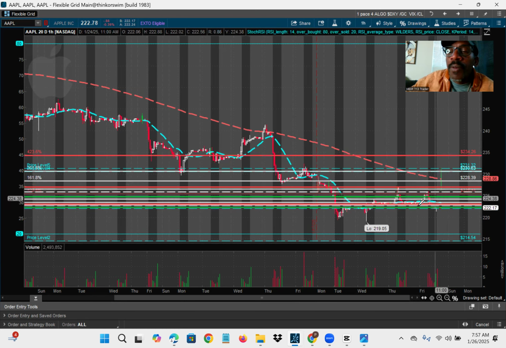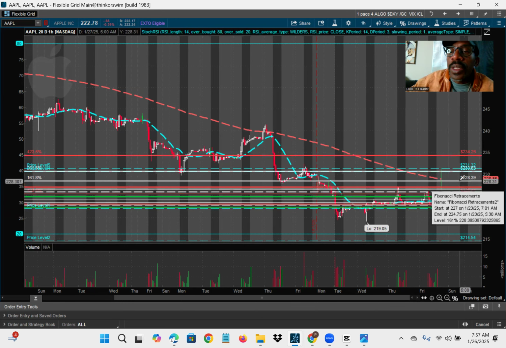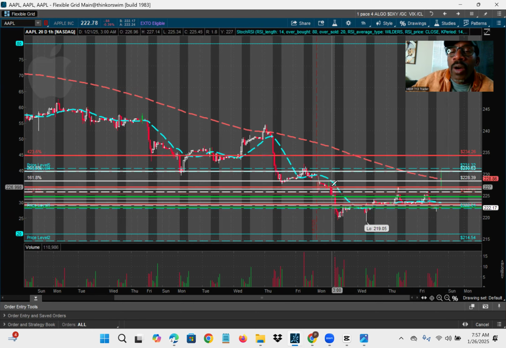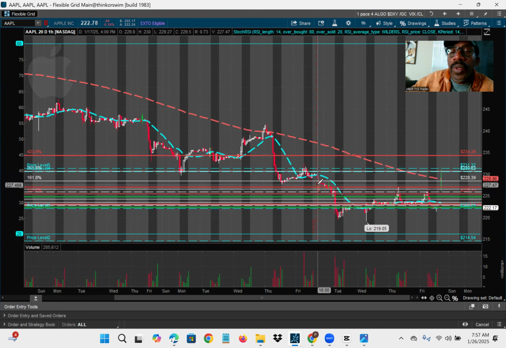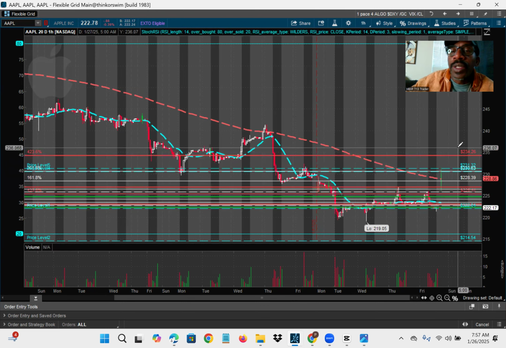This is where it may break. If it starts off early, then it could just hit the 228 and then start coming down, or it can go up, take out the previous lows with this candle, and then start its uptrend. And like I said, 240 could be it.